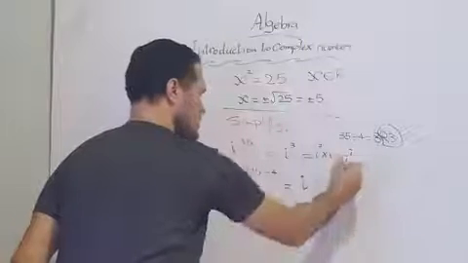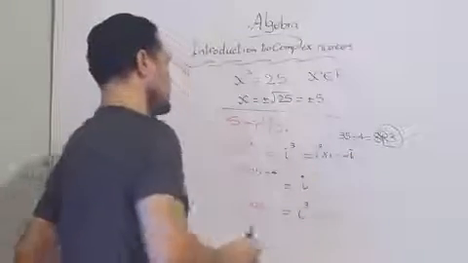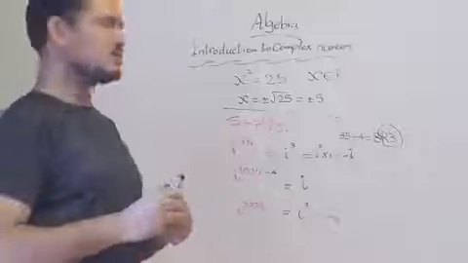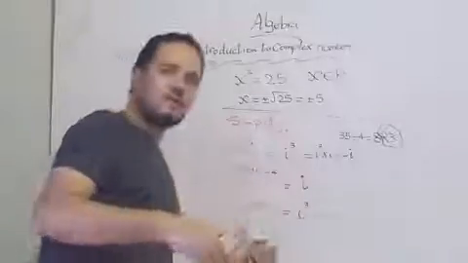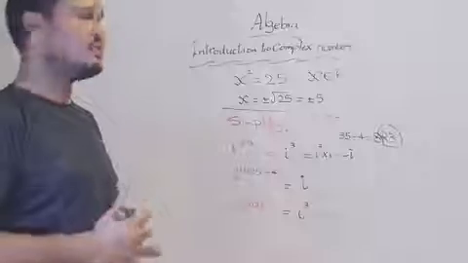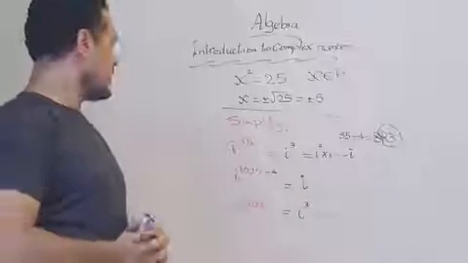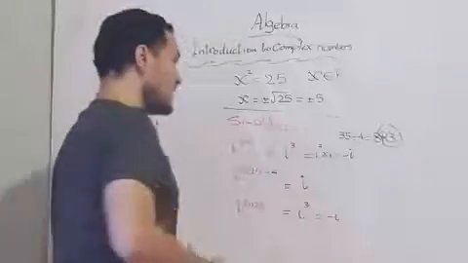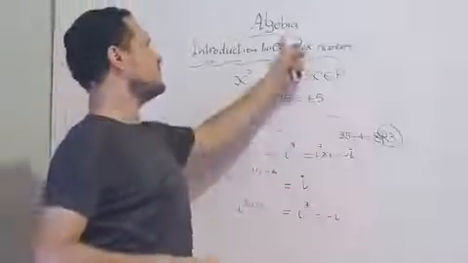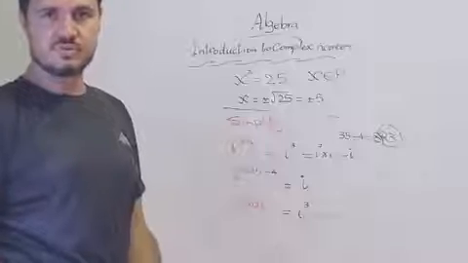What's the value of i³? It's -i. So any power of i can be simplified as you saw right now. What's the relation between i and the title of complex numbers? Let's see.